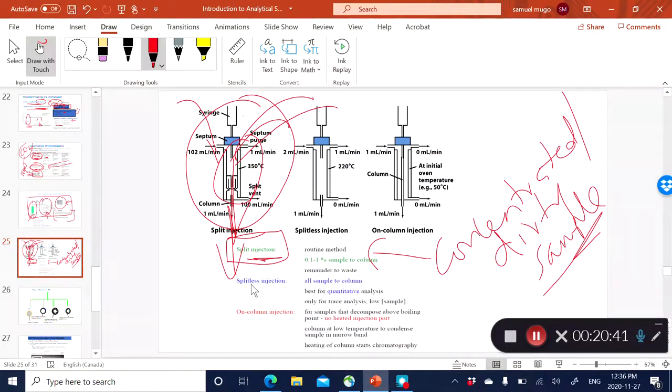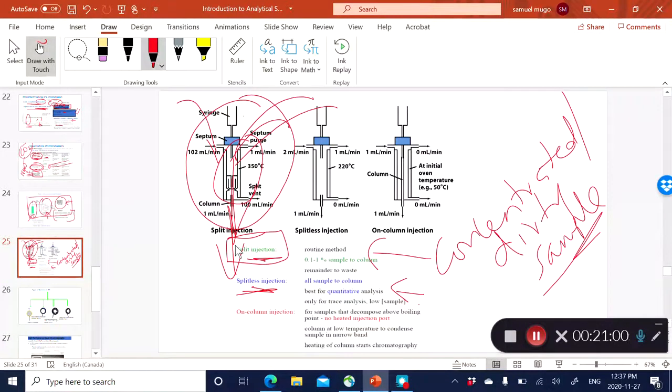Another mode of injection is the splitless injection. And this is where all the sample vapor is injected or is sucked inside the GC column, okay? And so often this is where you're doing a fairly low concentration sample.